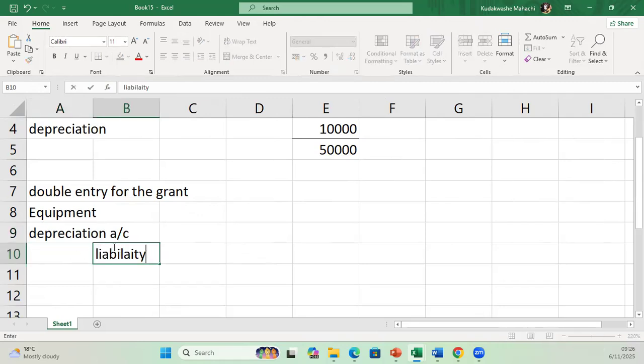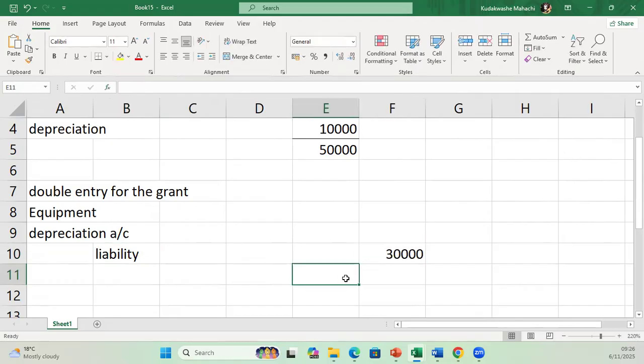So we credit the liability. So this one is an easier one, liability with 30,000. So we're crediting the liability with 30,000 that we need to repay. Because now the grant is being taken away, we have to adjust the value of our equipment.